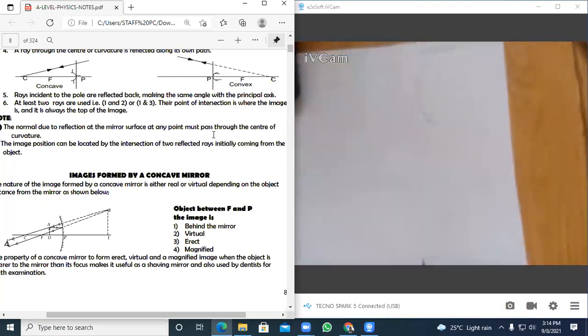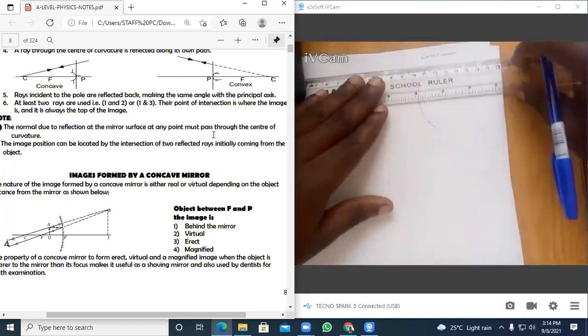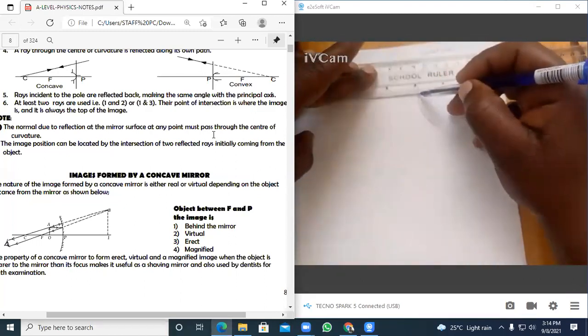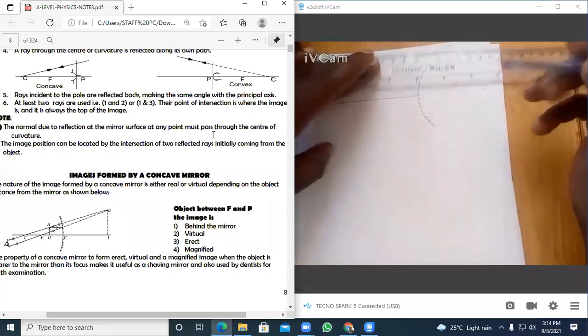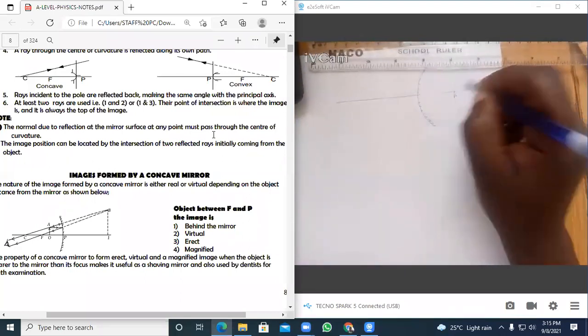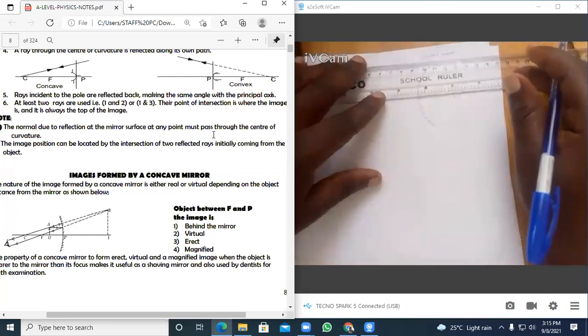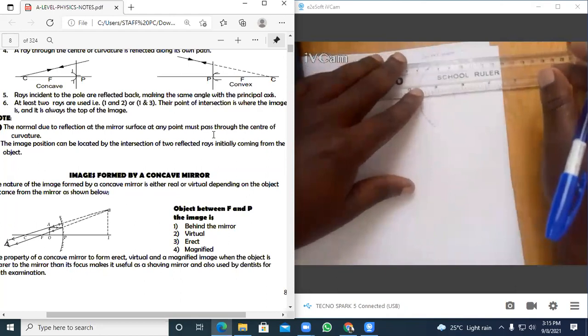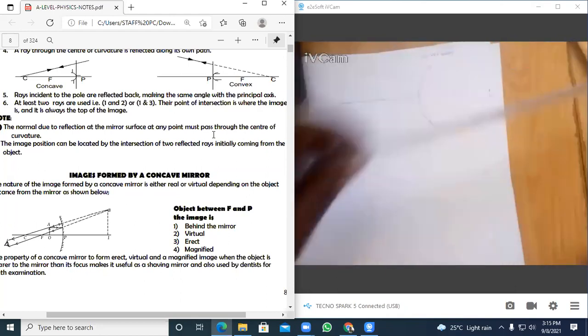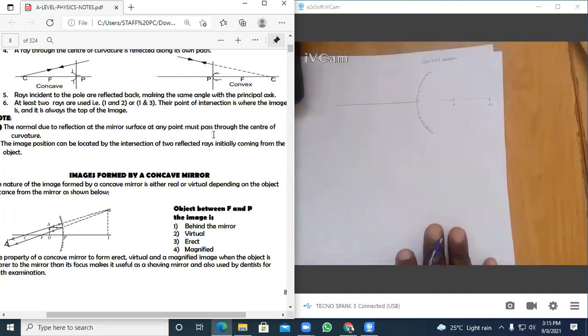So I've just talked about that kind of ray. If this is the principal axis, here we have dotted lines. So here, if we have point F here, and I measure this, 7 points, then point C is somewhere there.